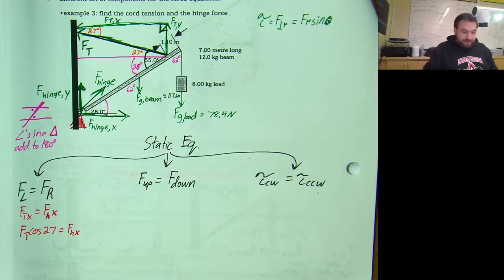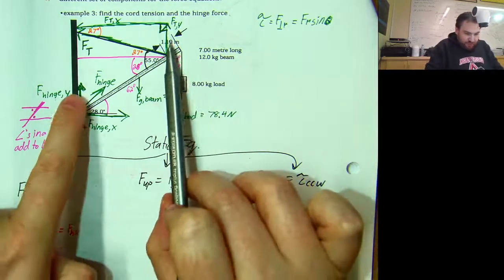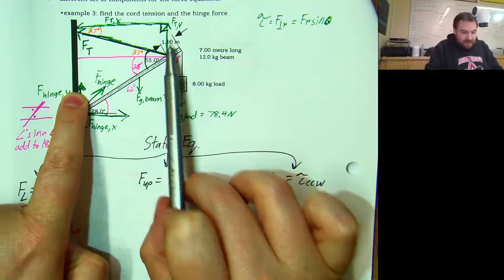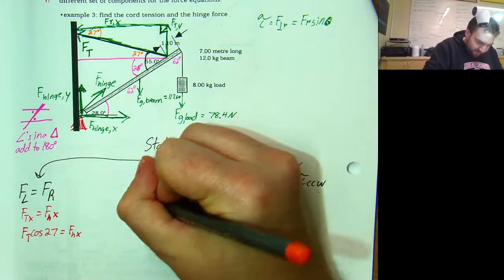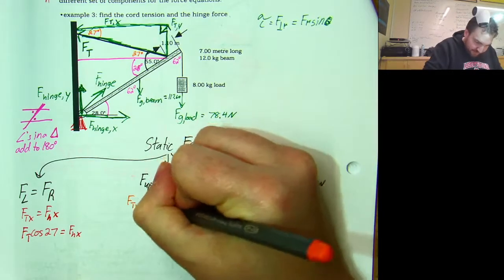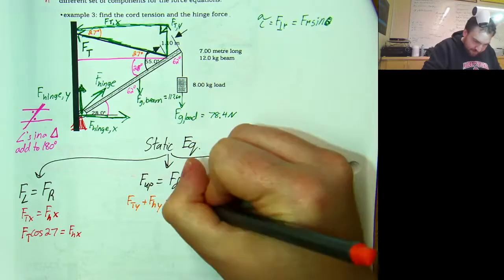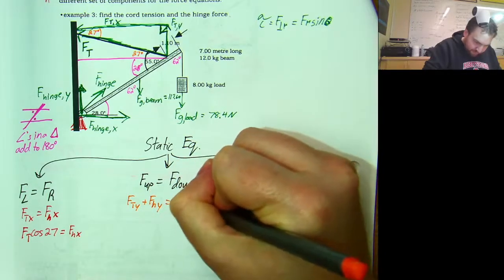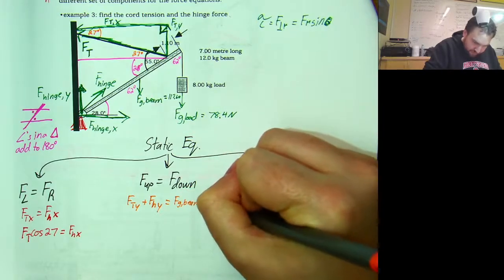Now my forces up equal my forces down. I've got two upward components and two downward components. So I'm going to have up is force tension Y plus force hinge Y, and that's going to equal FG beam plus FG load.